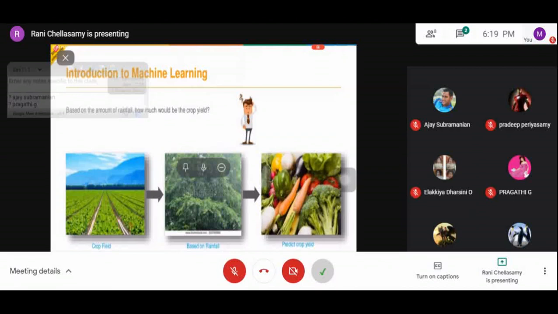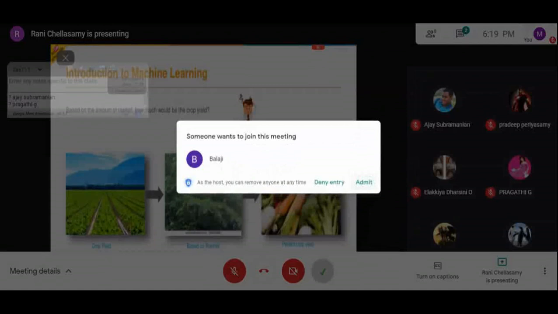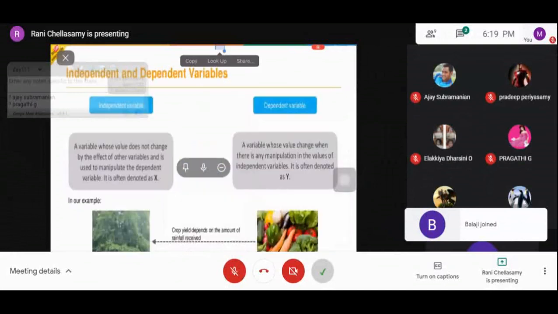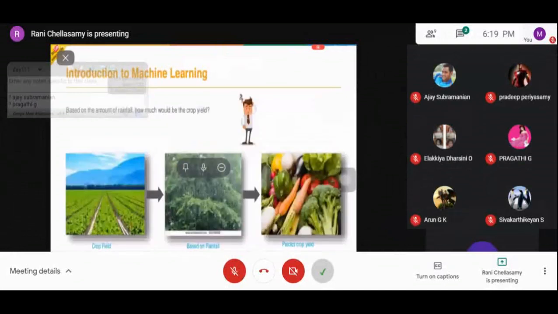So always the output will depend on the input variables. So we call the input variable an independent variable. So here, this output variable crop yield, this is your dependent variable, will always depend on the independent variable, that is the amount of rainfall.